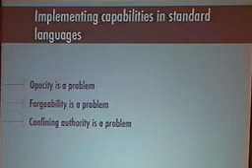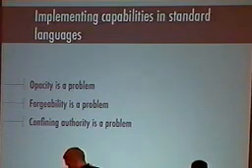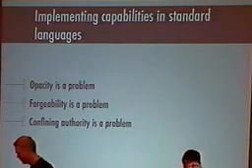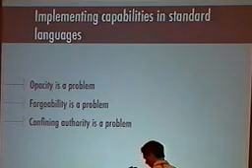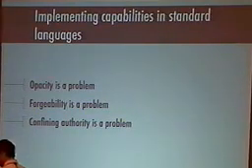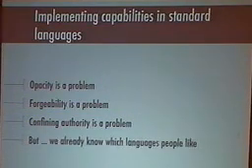Confining authority is a problem because most standard programming languages have standard libraries that just let you open files, open sockets, generally do what you want. But the advantage of standard languages is that we already know which standard languages people like. So let's look at a few.